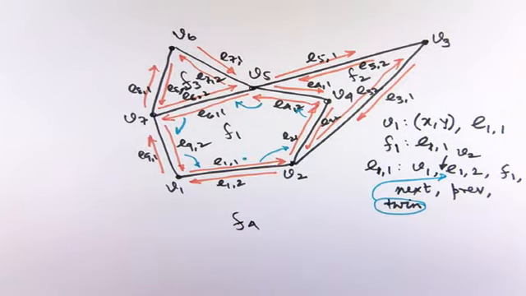Sir, but for the face F4, we have a clockwise order of all the edges. If you consider face F4, the order of edges is clockwise. How do you know?